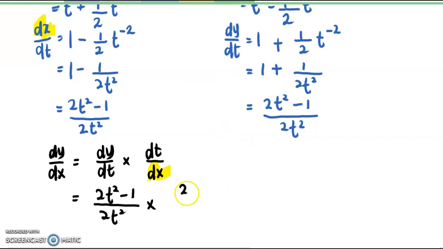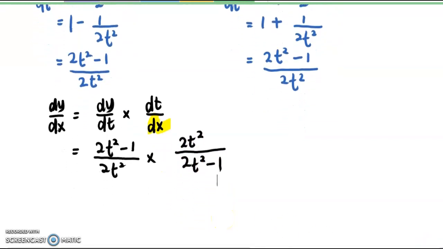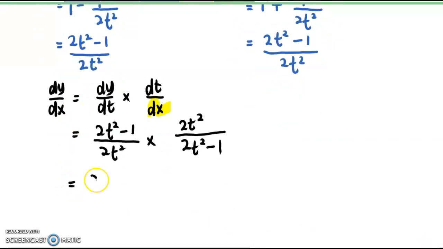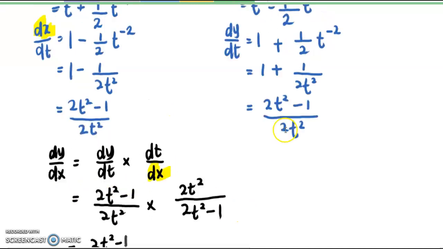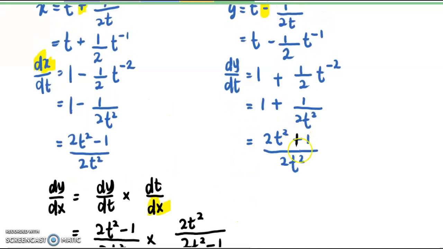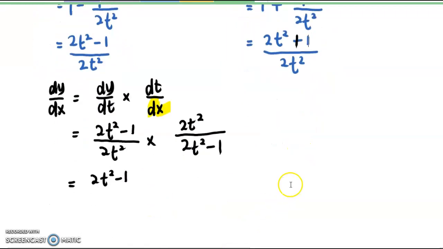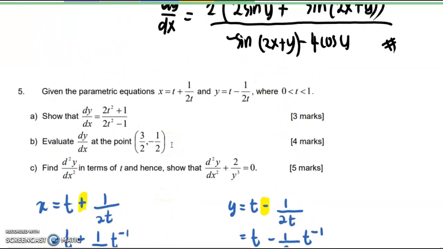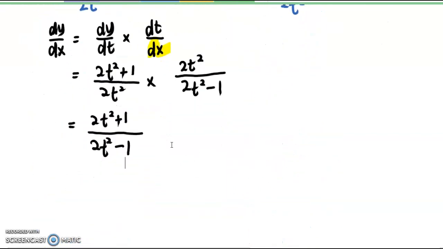So, kita akan dapat 2t square over 2t square minus 1. And then cancel out the 2t square. So, we get 2t square minus 1. Sorry, this one is plus. dy over dt is plus 1. Okay, baru betul. So, over 2t square minus 1. So, we done for question A. Show that. Shown.